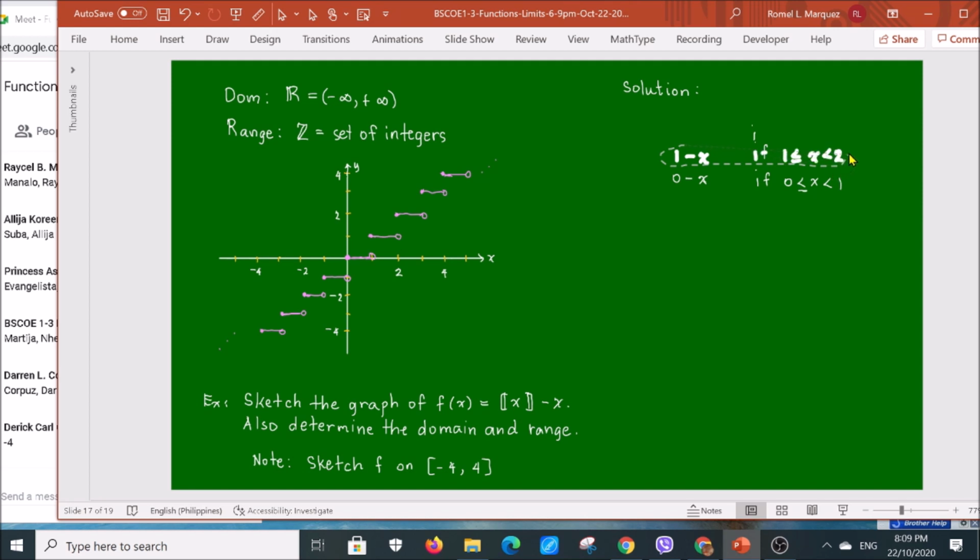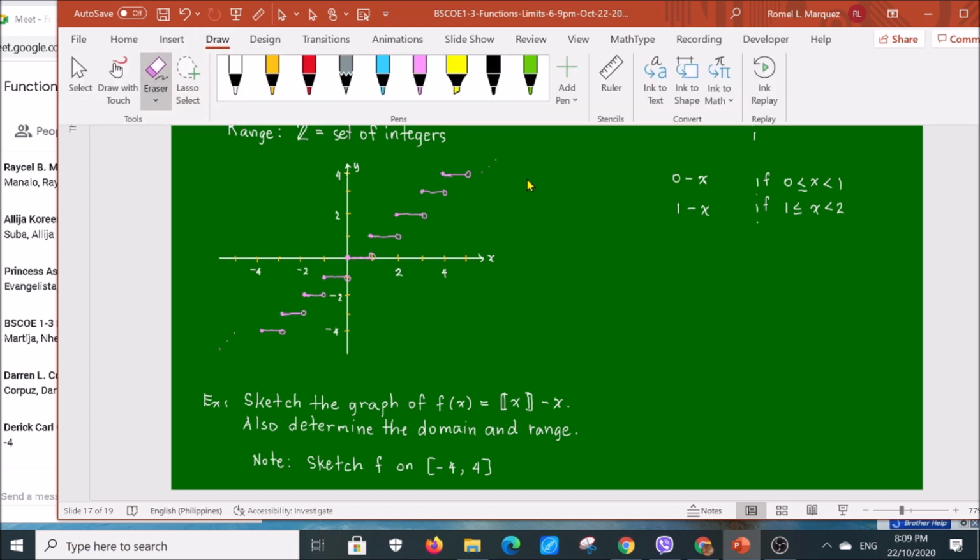Ito tumataas, sorry. Tama pala. Kala ko pumababa. Dapat mula sa negative. O nga, tama. Kasi I want it increasing. Ito dapat ang sa baba. Okay? So, this is erased.